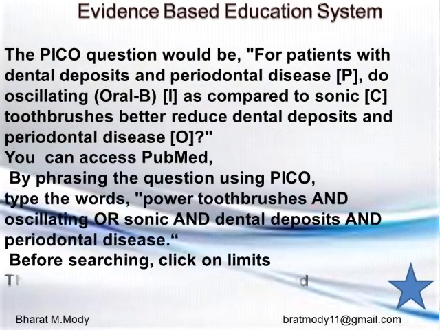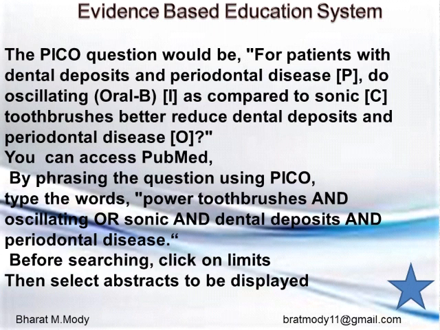The PICO question is the starting point, then comes the search. Once that is done, then you come to the critical appraisal. For patients with dental deposit and periodontal disease, do oscillating Oral B as compared to sonic toothbrushes better reduce dental deposit? Now this is a question. If you go for the PICO, then powered toothbrushes, oscillating, sonic, dental deposits and periodontal are the keywords which come out from that PICO.